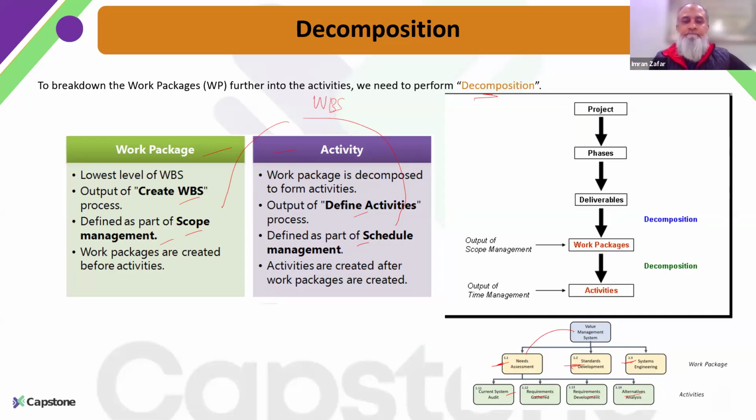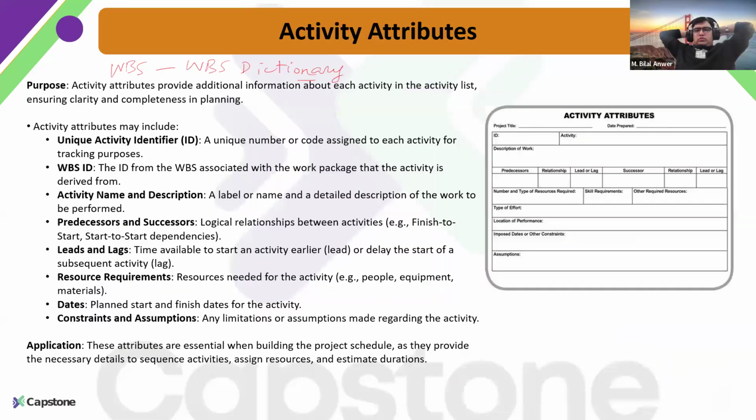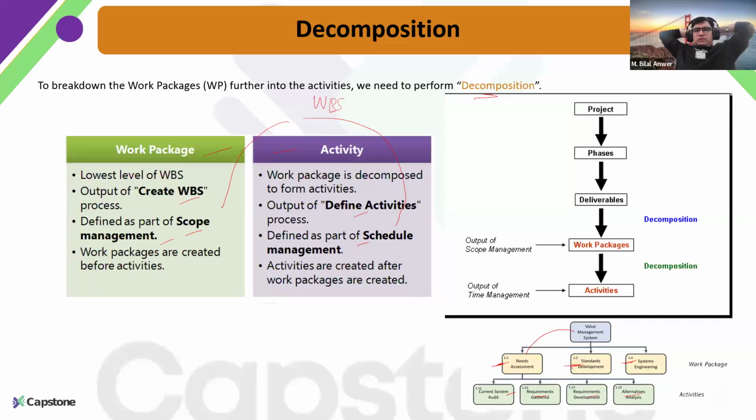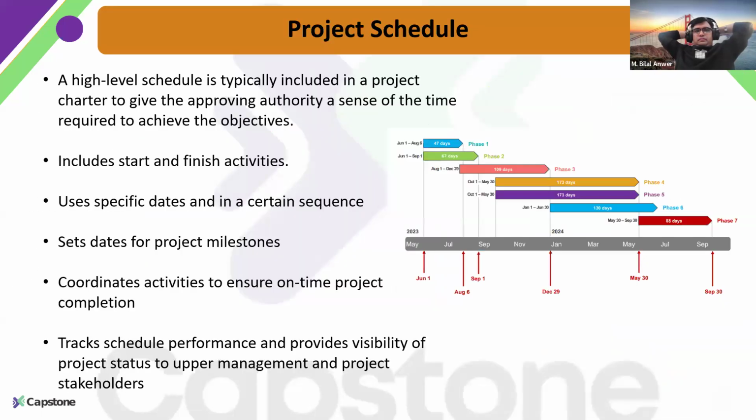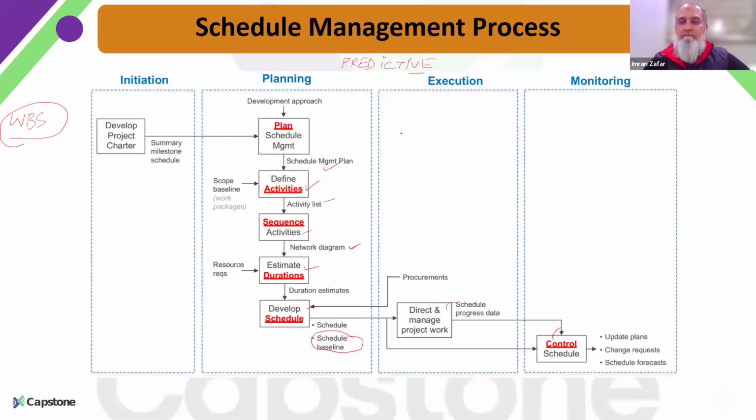All right. So what is the output of time management here? We don't have any kind of process as per my knowledge. It's the duration estimates for the activities, right? This is what we talked about earlier. Right now we are in this process, defining the activities.